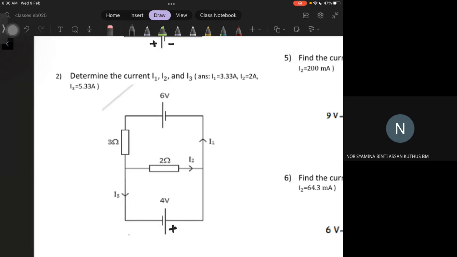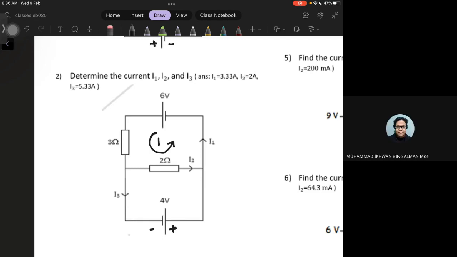Boleh? Sekarang sini positif, sini negatif. So untuk voltage source yang 6 volt ini, macam mana loop kita dia akan jadi?